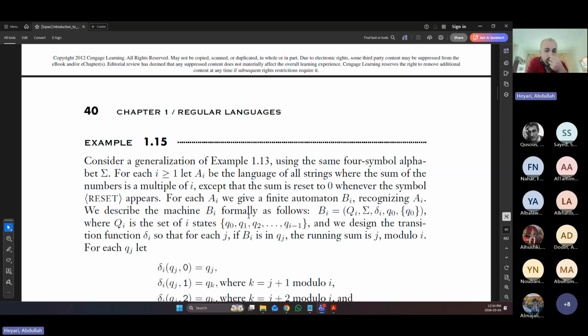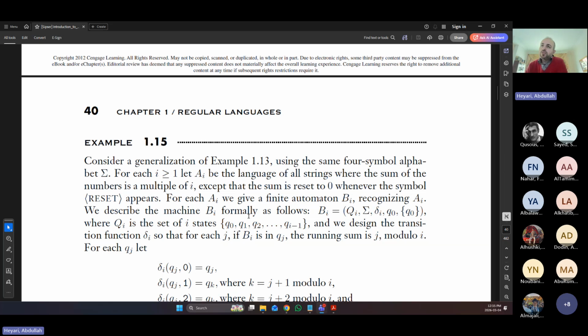Can you recall? 3. Correct. Except that the sum is reset to 0 whenever the symbol reset appears. For each A_I, we give a finite automaton B_I recognizing A_I. We describe the machine B_I formally as follows.